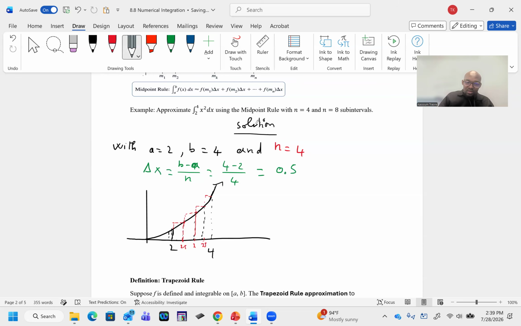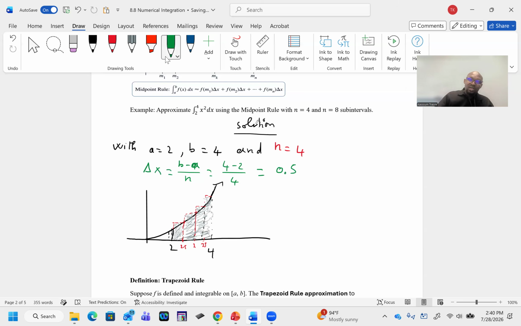This is the area. I'm taking time to explain this part to you, but the rest I will just graph quickly. Based on the graph, do you think the area will be more than the exact area or less than?